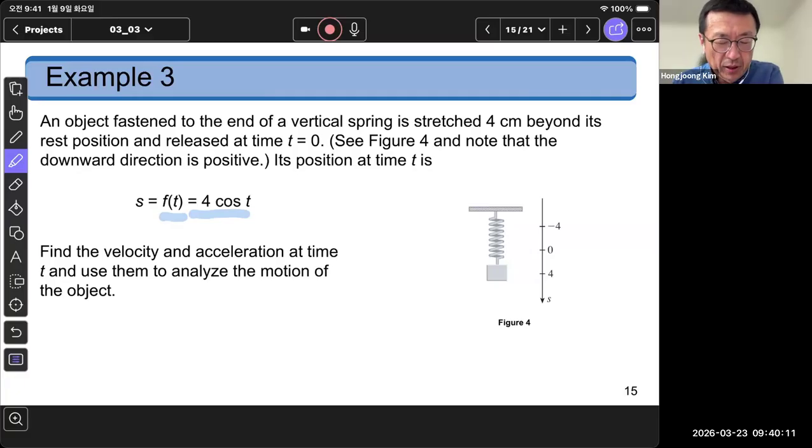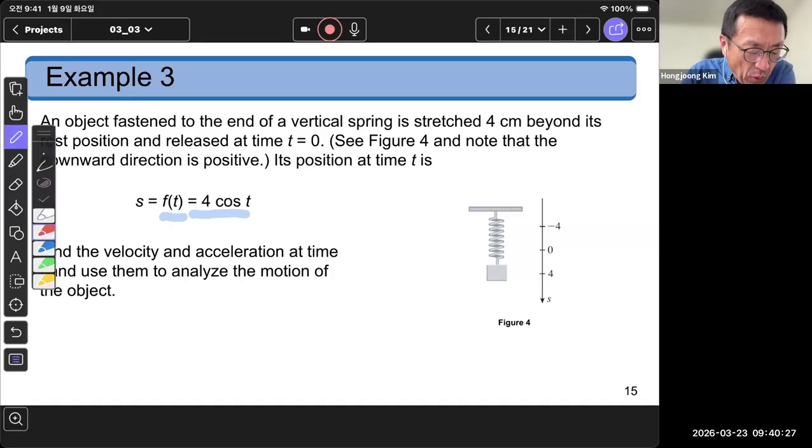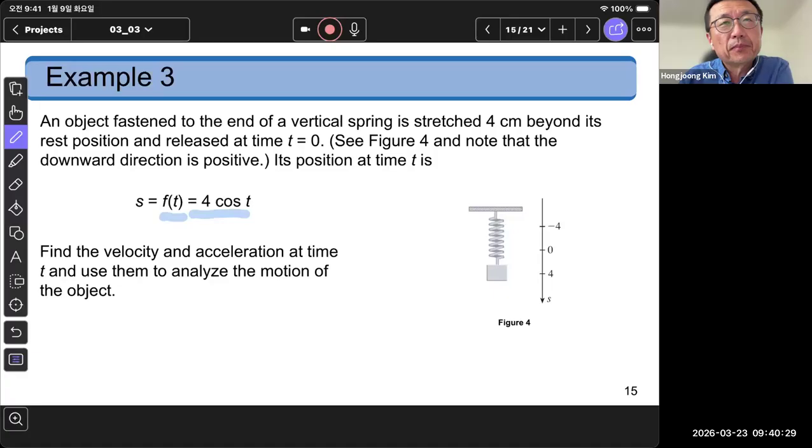Since I am a math professor, I want to consider only in this example the derivative or second derivative of this function f with respect to t. So given this f of t, what will be f prime?